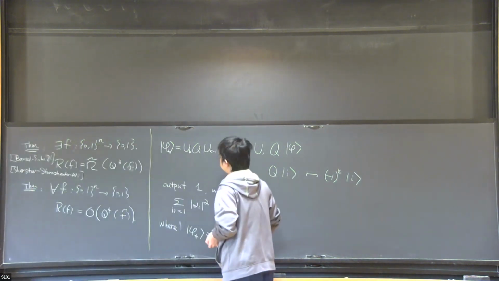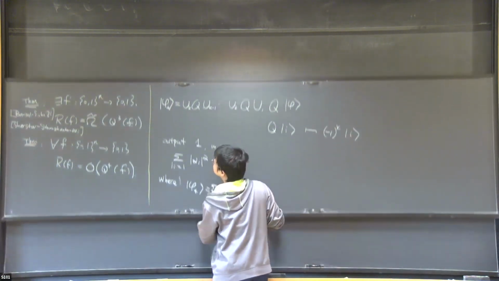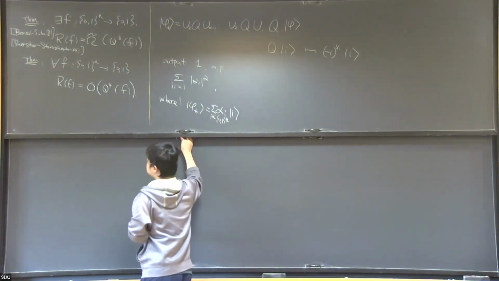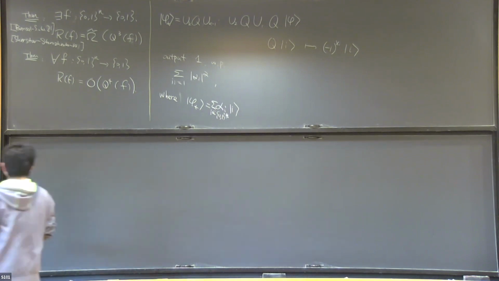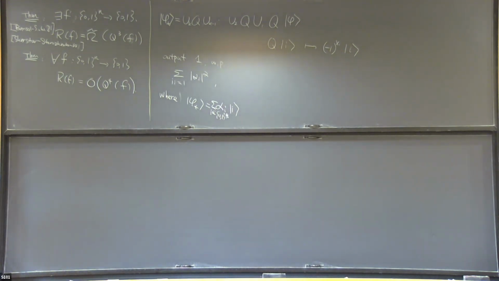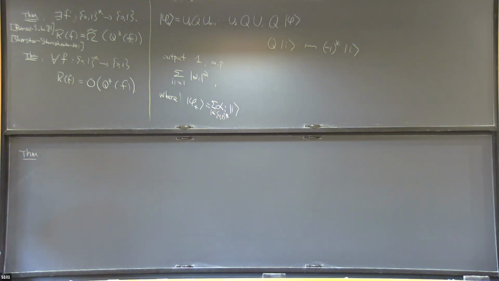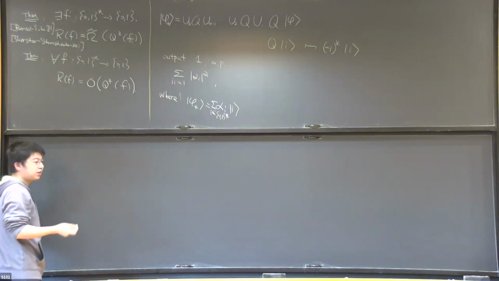And as I said, to prove this cubic separation, we'll use a different approach. The approach is the cheat sheet method, first introduced by Aaronson, Ben-David, and Kothari.